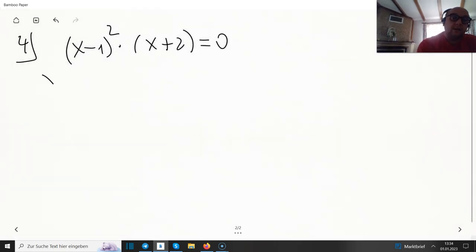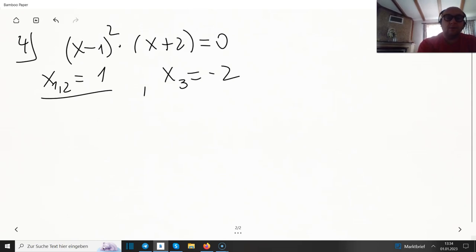So we have a double zero at 1 and a single zero at minus 2. So the zero at 1 is doubled. You remember what it means? That means that the first derivative, I showed it in the last video, I think, is also 0 at 1. We will see that.